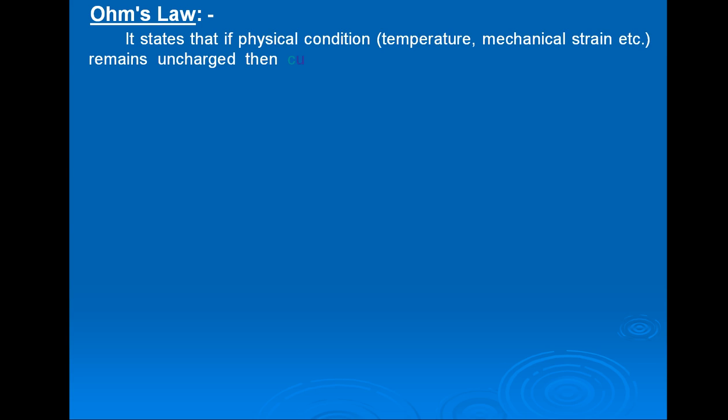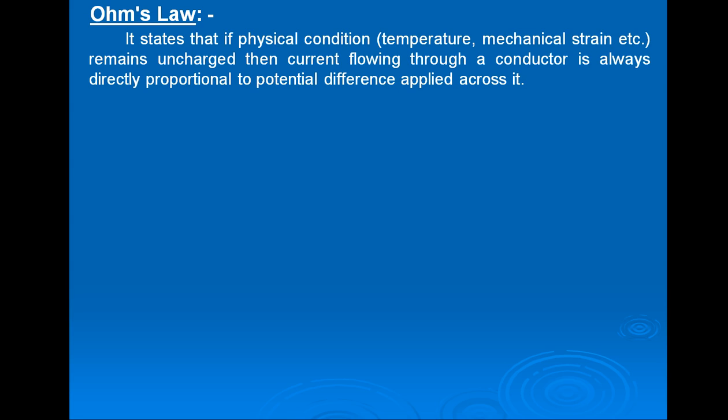Now Ohm's law. It states that if physical conditions, temperature, mechanical strain, etc. remain unchanged, then the current flowing through a conductor is always directly proportional to the potential difference applied across it.